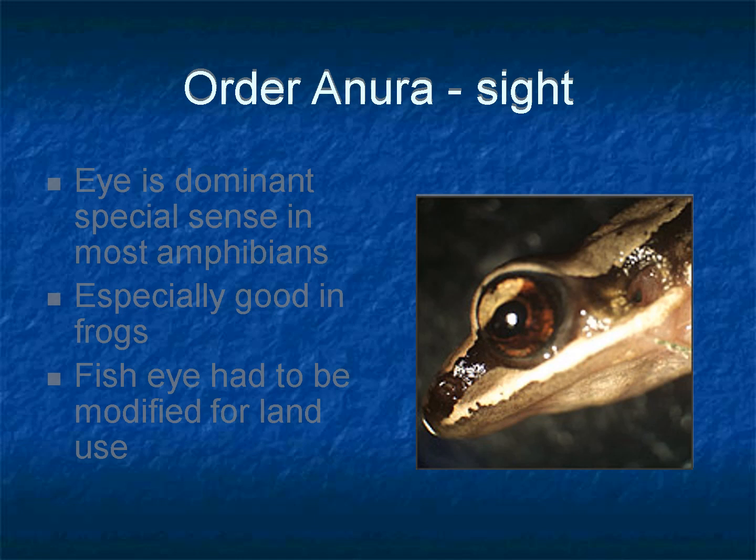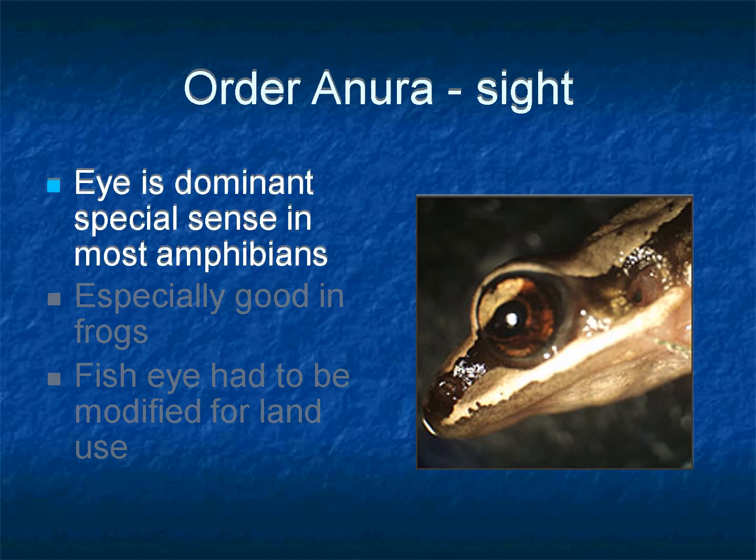In many amphibians, vision is the dominant special sense for their daily activities. Generally, frogs and toads possess good vision, which is important to avoid predators and capture their moving prey.